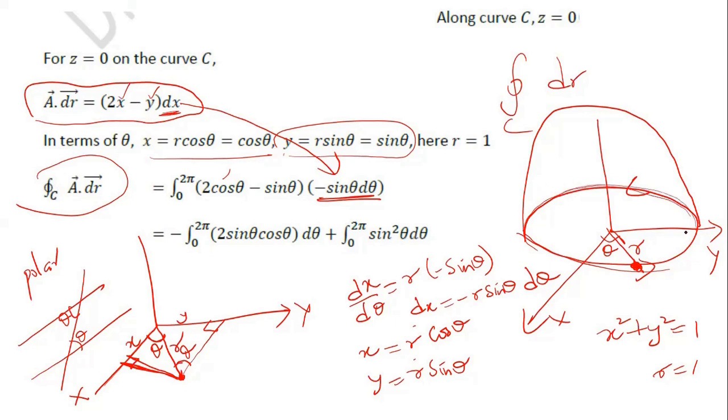In order to move this point around this circle, what will be the limit for theta? See, the lowest value of theta is here, theta equal to 0. As you move around this circle, when you move to this point, your theta value will be 90 degree. And when you move to this point here, your theta value will be 180 degree. And then eventually you can come around.